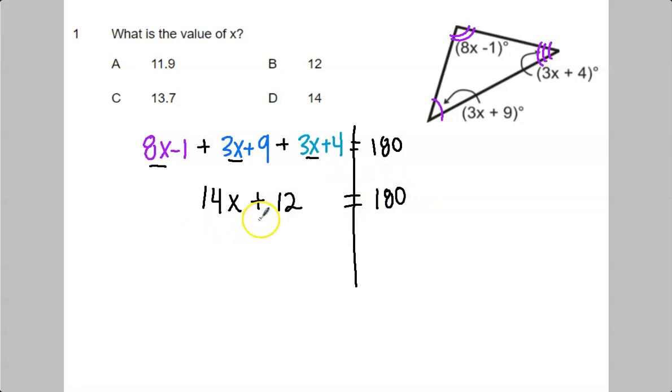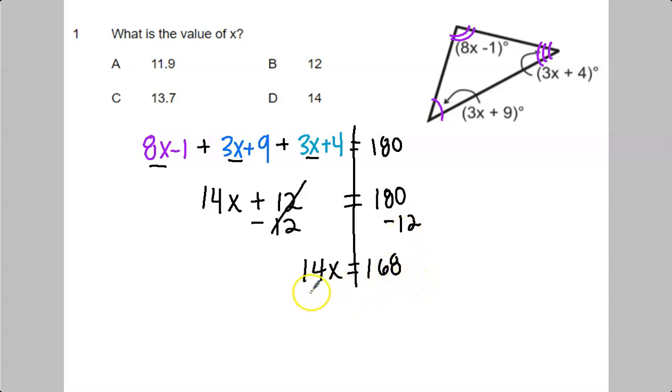All right, so that means that we can go ahead and now solve for x. So I need to do my order of operations backwards. I'm going to start with the addition. To move it, we're going to subtract it. So 14x is equal to, we know that this would be 168.